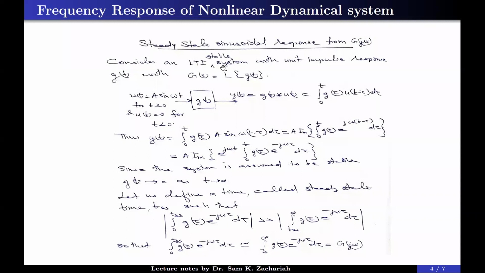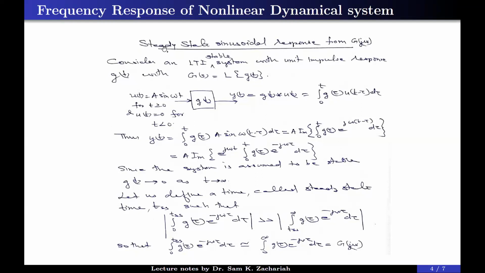Another is it is a stable system. For a linear time invariant system, you know that for stability, all the poles should be in the left half of the S-plane. That system you can also call an asymptotically stable system, because in a linear system, stability itself means asymptotic stability. Asymptotic stability means the output tends to zero as t tends to infinity.